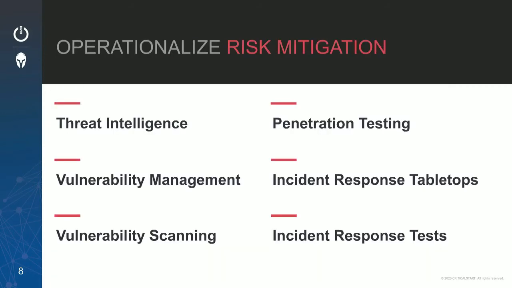But how do we operationalize risk mitigation? How do we take all of the things that we've learned from the asset management, from the policies and procedures, and from a risk register and effectively ensure that we're complying with that all the way through and reducing the risk as much as possible? A lot of people will say, just put it to a risk committee board and have them vote on it and move forward.